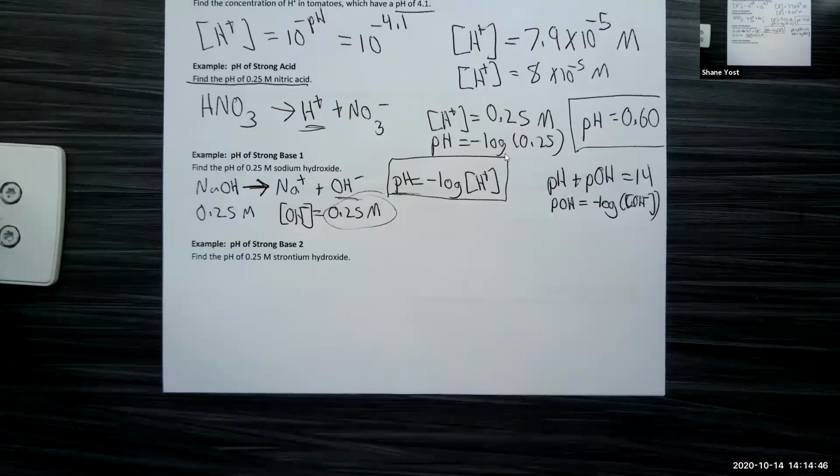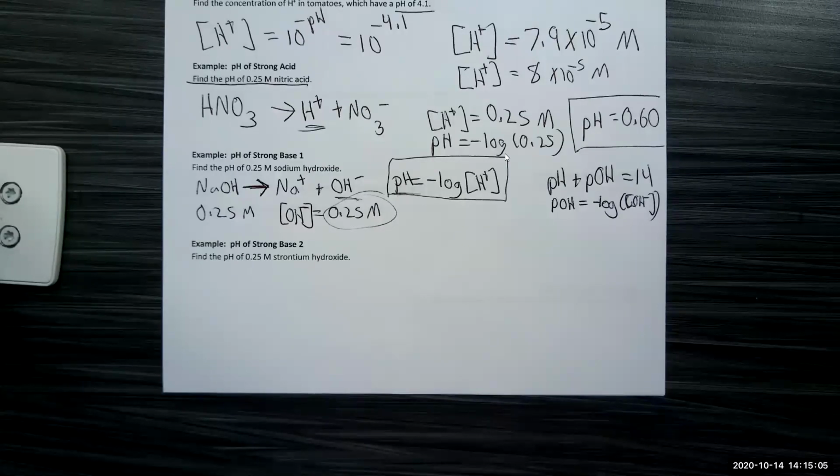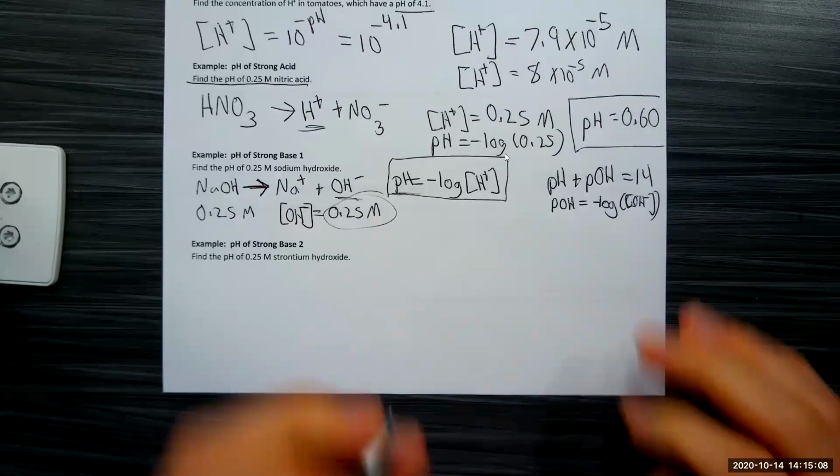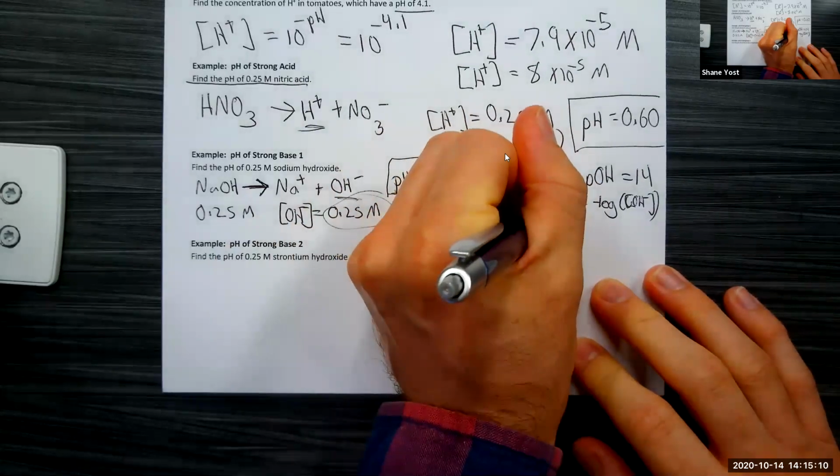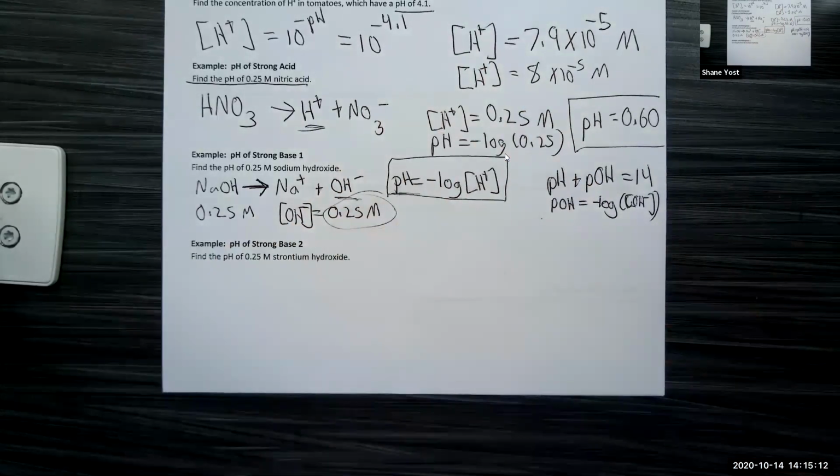Do you want to know the other way you can get to the pH here? What other relationship do we have that relates OH minus and H plus concentrations? H plus times OH minus equals 1 times 10 to the negative 14. Yep. We know this is in a solution of water.